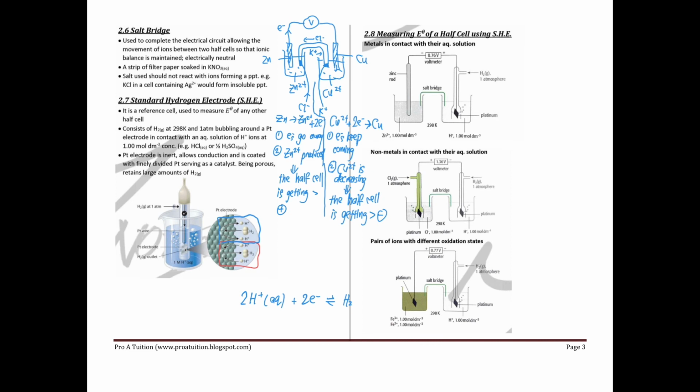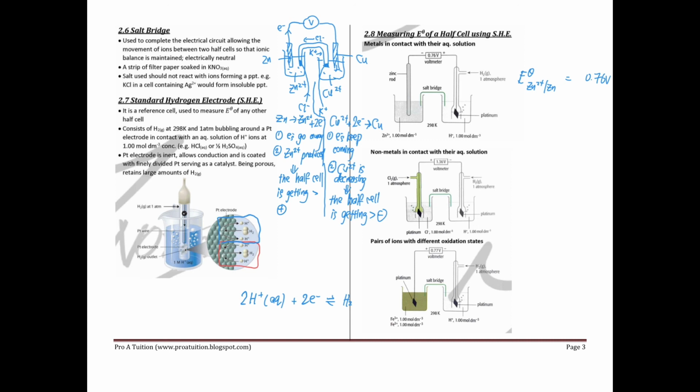And because of that, the E theta for zinc 2 plus to zinc is 0.76 volt. Positive or negative, we decide in this way. If the voltmeter is using the negative terminal to connect here, then it's negative.